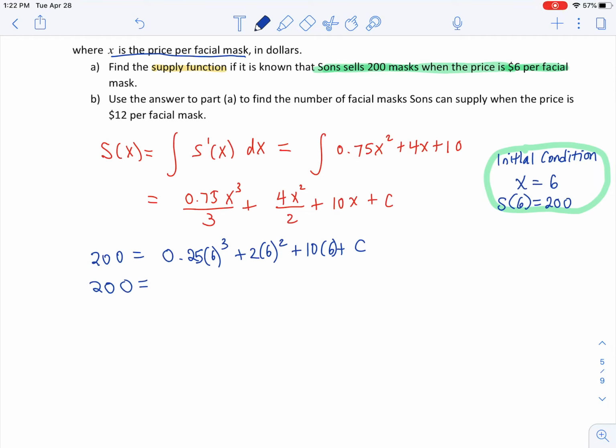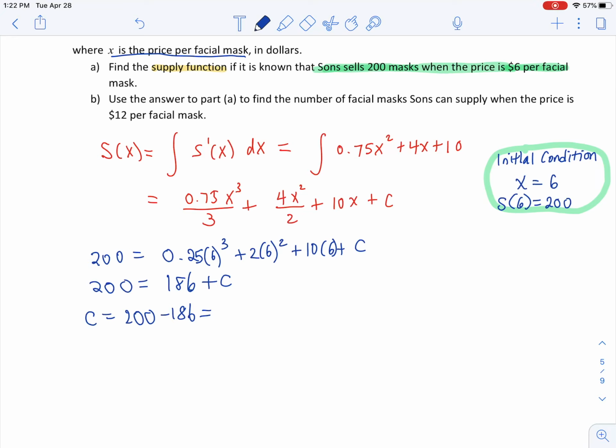Uh-oh, hold on, I missed the plus sign. When I typed that part in, I got 186, plus C. So C equals 200 minus 186.